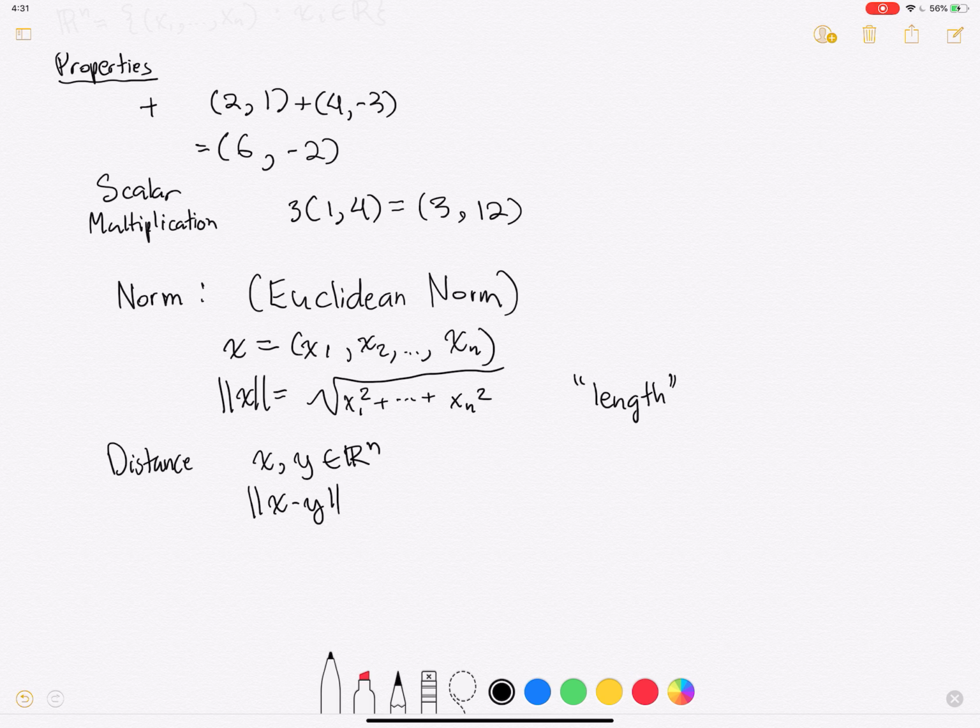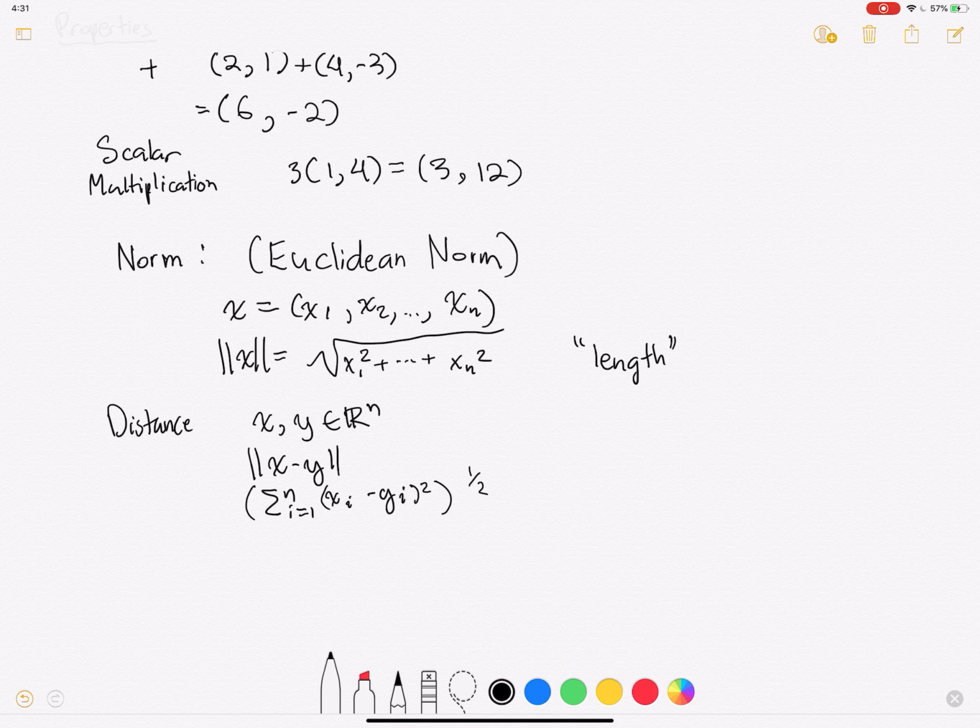And then that will look like the square root of the sum of xi minus yi, squared. Whoops, the square is not supposed to be there yet. Square, and then you square root that whole thing.